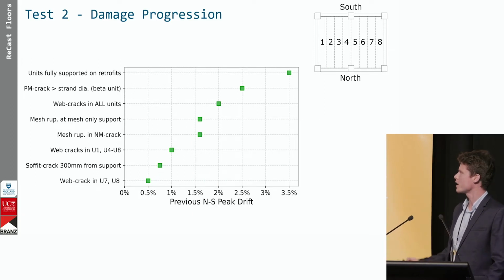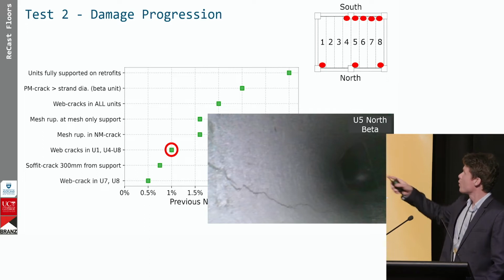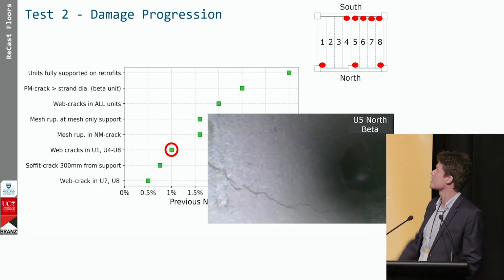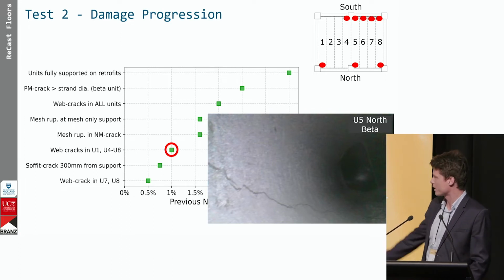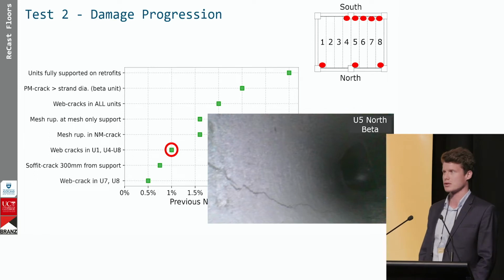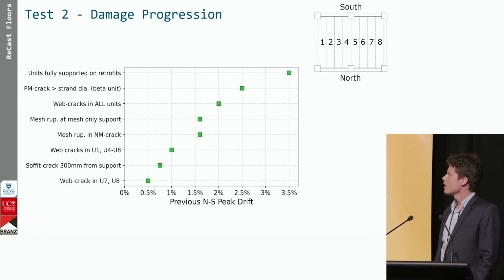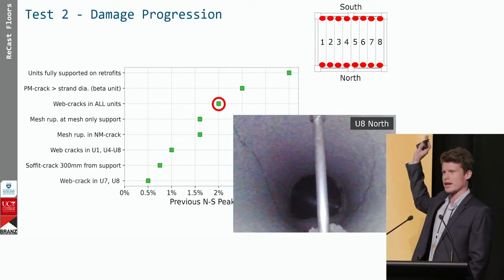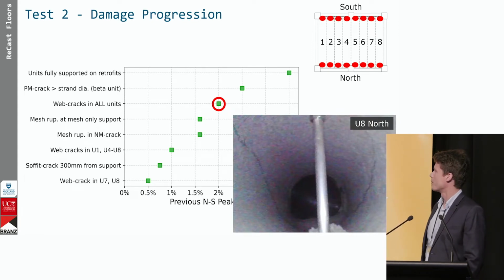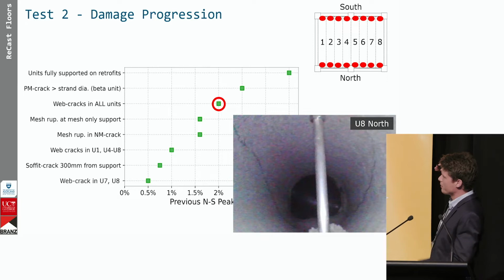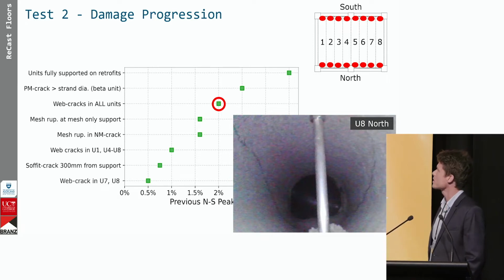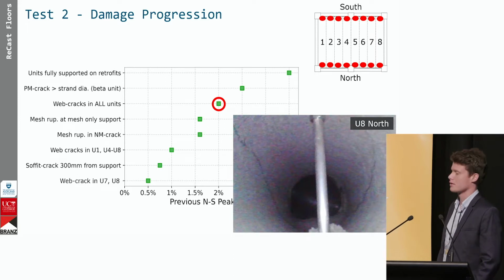And then at 1%, we had quite significant web cracking, and you see at the top it's quite a few ends of the floors that had that web cracking, and it's a decent size crack. And then at 2%, essentially all the floors had web cracking. And you see the diagonal, quite shallow web crack in those floors, and I'm going to come back to that later on.